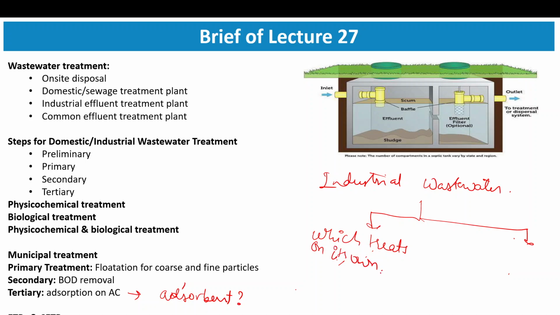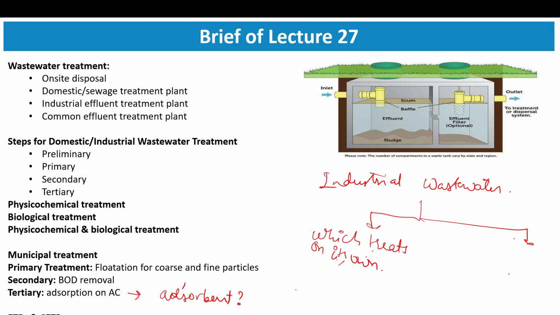For example, bigger industries, like Reliance, have a huge plant, and whatever wastewater is generated will have some on-site treatment, in the campus itself, where a plant takes care of wastewater treatment.